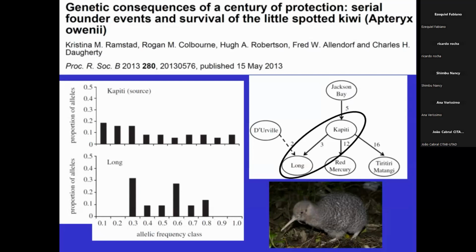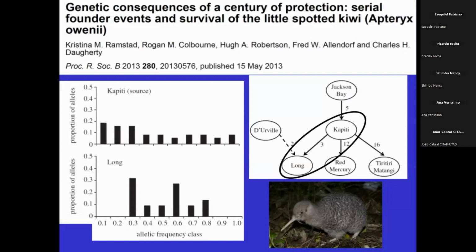And so if we look at the allele frequency spectrum, we can see in Kapiti, which is the source population, this is allele frequency going from 0 to 1. So on Kapiti, we have a number of alleles. Actually, the most common alleles are at 2% or less.